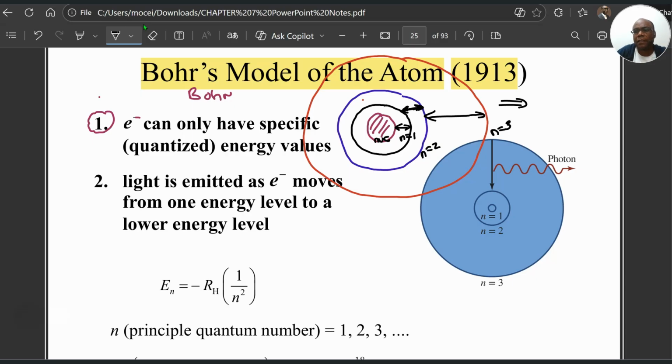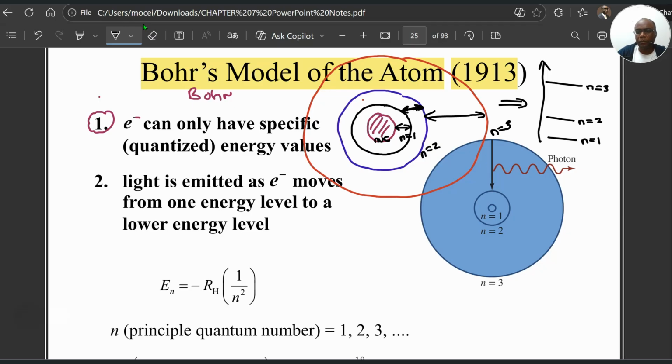Now if you translate this to a y-axis, this will be n equals 1, then probably this is n equals 2, and probably this is n equals 3. A little bit of distance. And up here they tend to be closer as you go up.